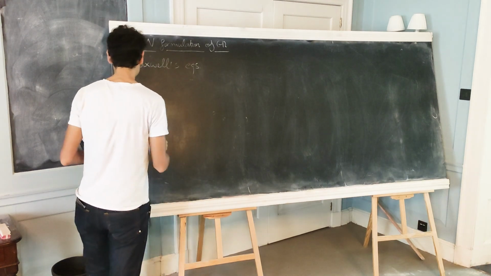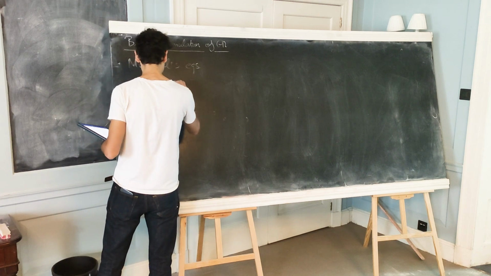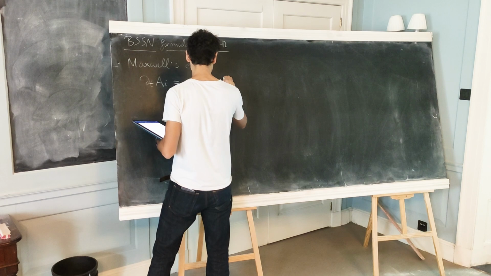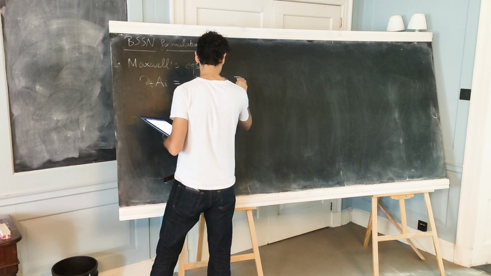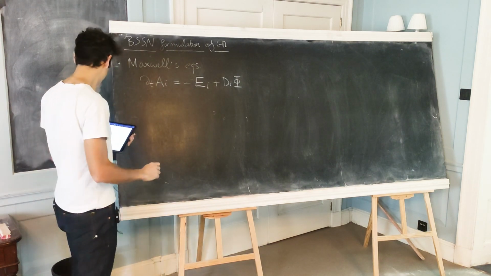So let's write Maxwell's equations in terms of the vector potential and the scalar potential. So you've got that's the vector potential, that's the scalar potential, and that's the electric field.